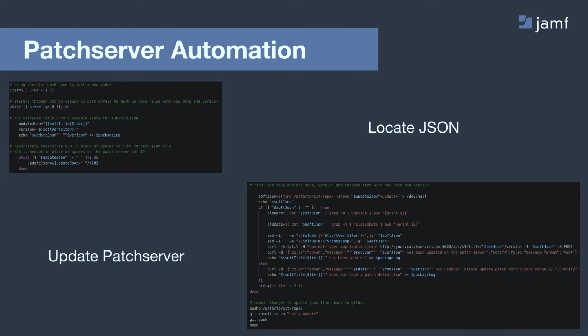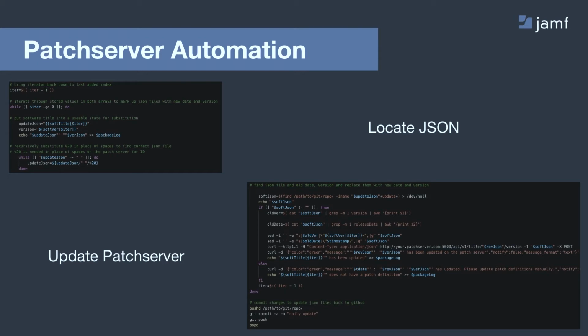Once it's done doing that, it sends a note to HipChat, which we use and are currently switching to Slack. But it'll send a note to whatever your preferred messaging or notification center thing is, and it'll tell you that this title's been updated to this version.